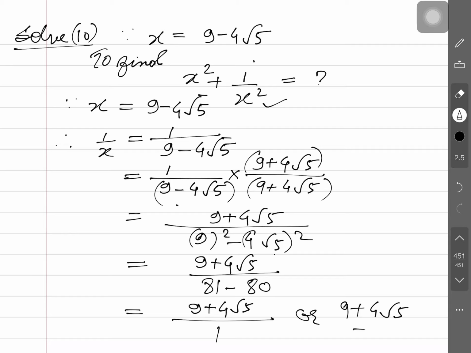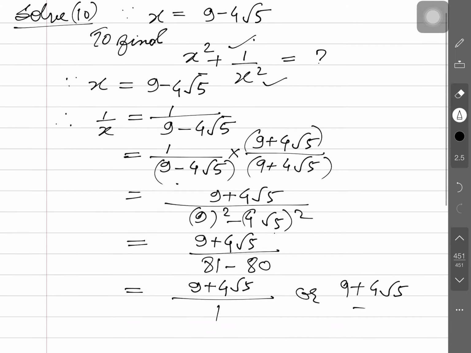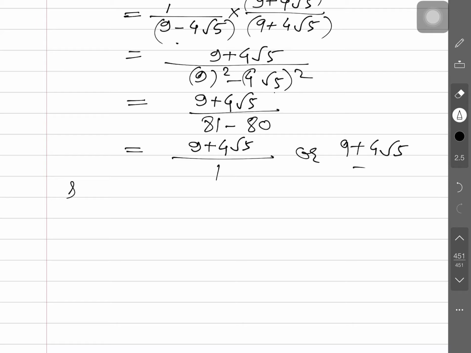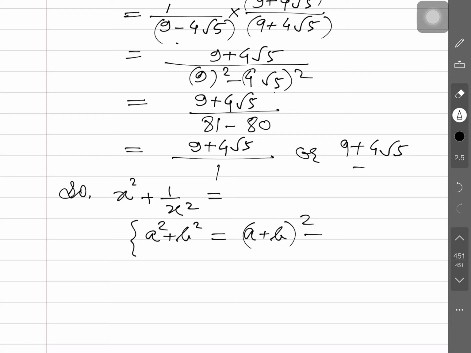Now, the expression is simplified and well expressed here. Okay. x is 9 minus 4 root 5 and 1 by x is 9 plus 4 root 5. Now, you can substitute the values here. Therefore, what is to be done? So, x square plus 1 by x square. Can we write some more? Okay. There are two methods here. a square plus b square is equal to what? a plus b whole square minus 2ab.